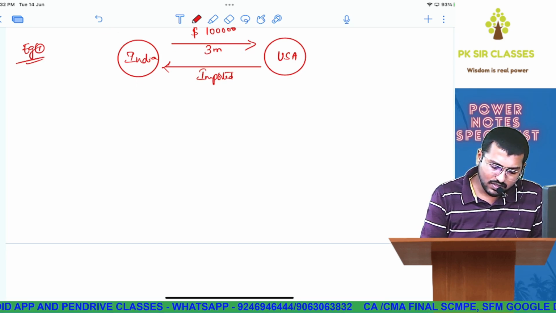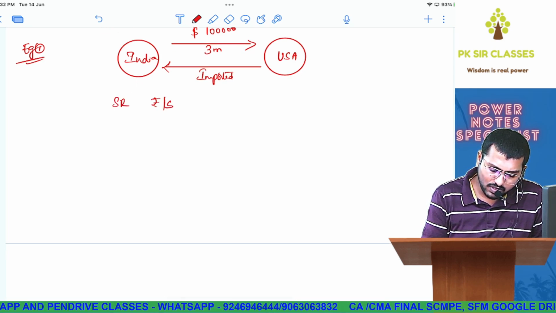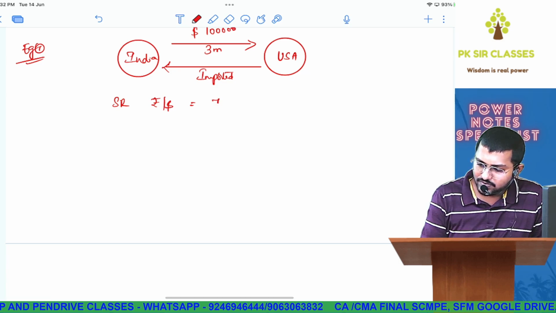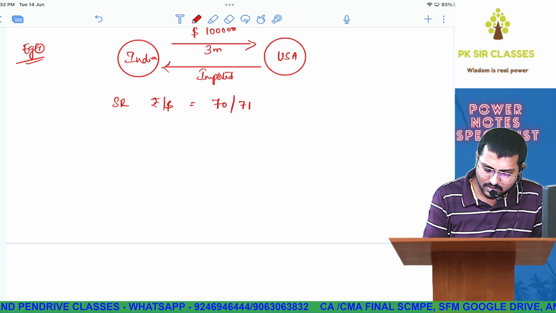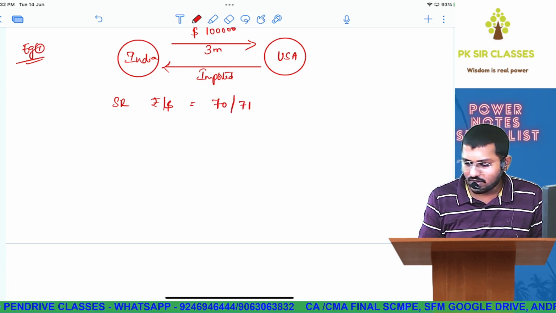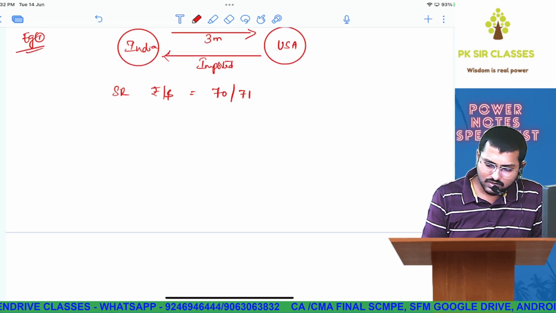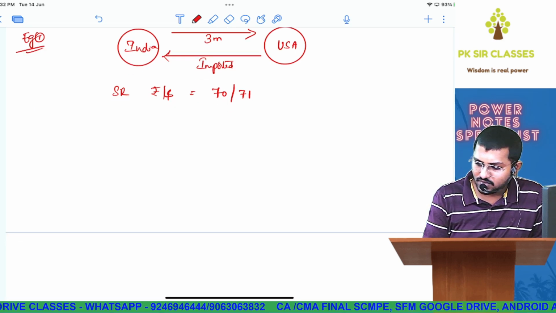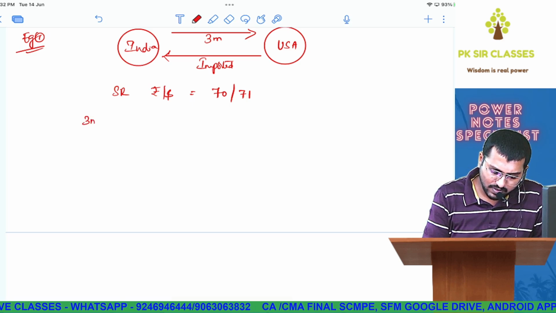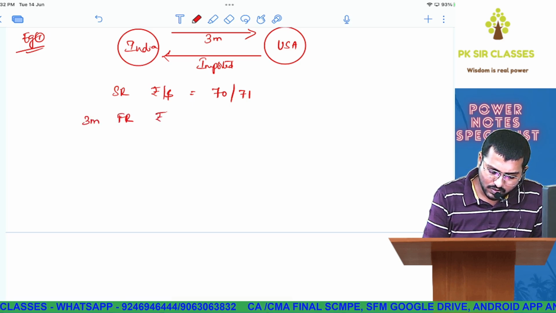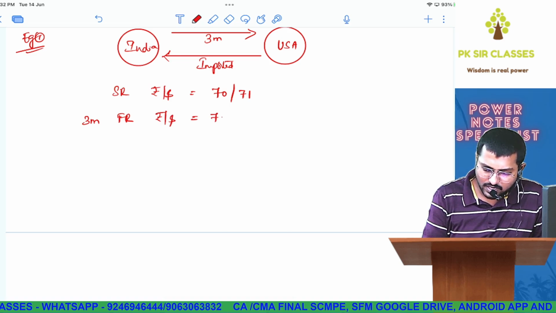Spot rate rupee per dollar is equal to 70.71, that is bid and ask. We have 3 months forward rate rupee per dollar 72.